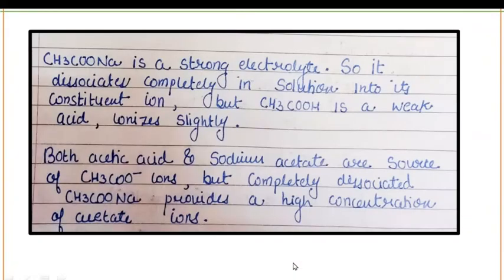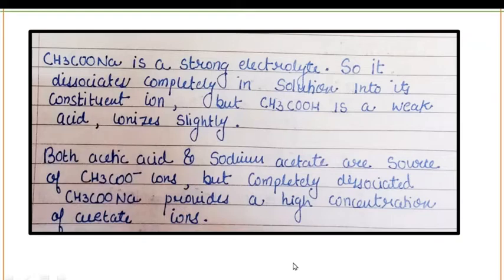So basically, sodium acetate is a strong electrolyte, so it dissociates completely in the solution into its constituent ions. But CH3COOH, that is acetic acid, is a weak acid. That's why it ionizes slightly.